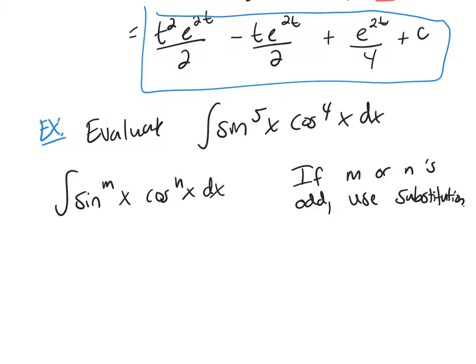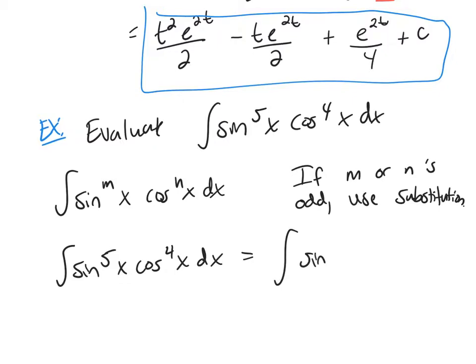And so if you look in ours, our power of sine is odd, so we're going to use a substitution here. So what you're going to do is take the one that has an odd power, which is sine, and you're going to pull off one. So it'll be sine to the 4th, cosine to the 4th, and then a sine at the end.